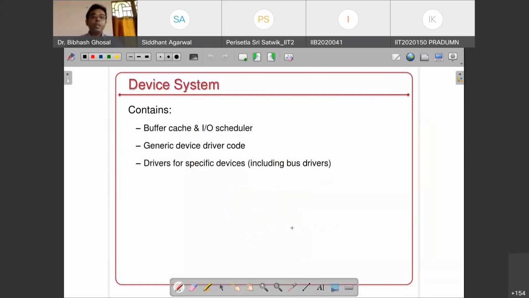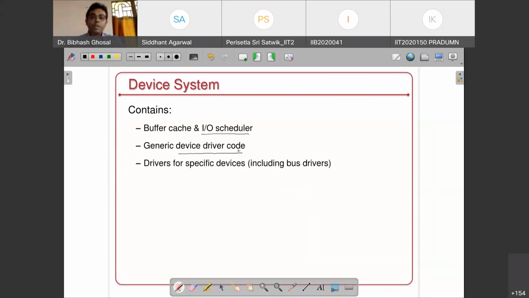What does this device driver consist of? It consists of some IO scheduler that takes care of the scheduling algorithms for movement of the blocks, and some generic device driver code.